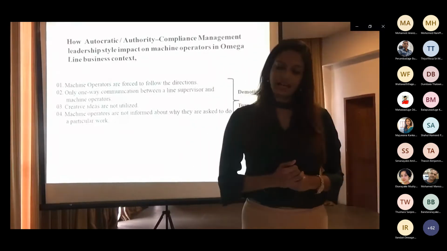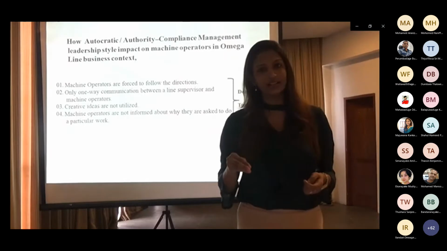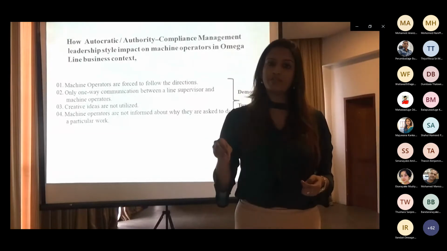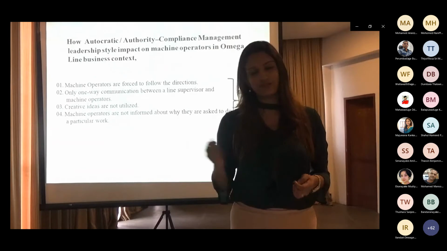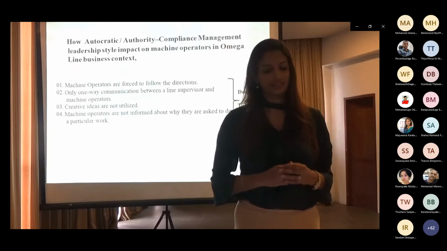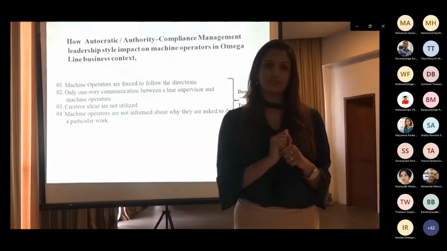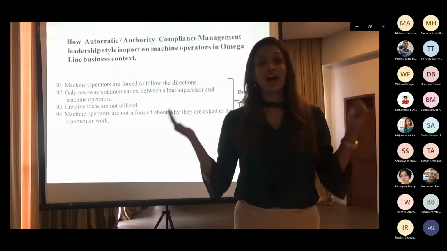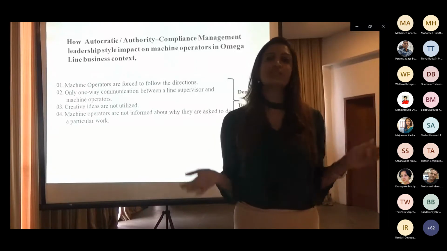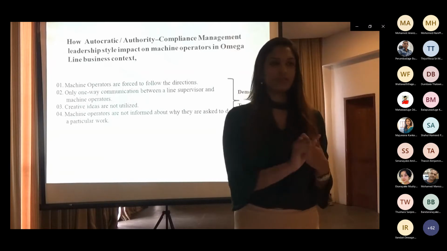After that, we analyzed how this autocratic or authority compliance leadership style influences the demotivation and even the turnover intention of the machine operators. We have figured out four factors. Number one, machine operators are forced to follow directions, which means they can't think out of the box. They have to stick to one frame and do what they are ordered to do.